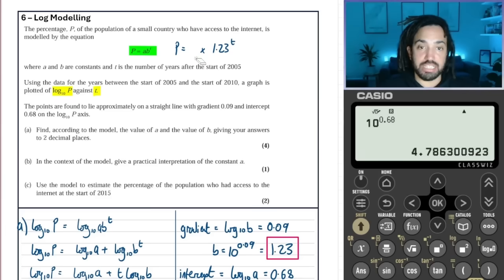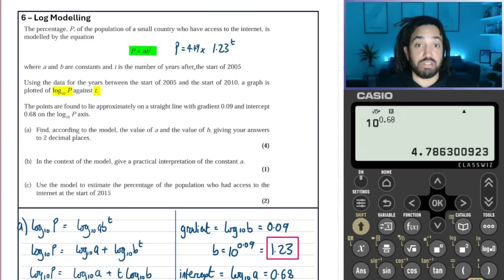And in this case, A is 4.79. So it's like compound interest. You start with an initial amount and you times it by a multiplier for every year that you wish. Now, P is the percentage of the population who have access to the internet, and therefore A is the starting amount, so it's the starting percentage.